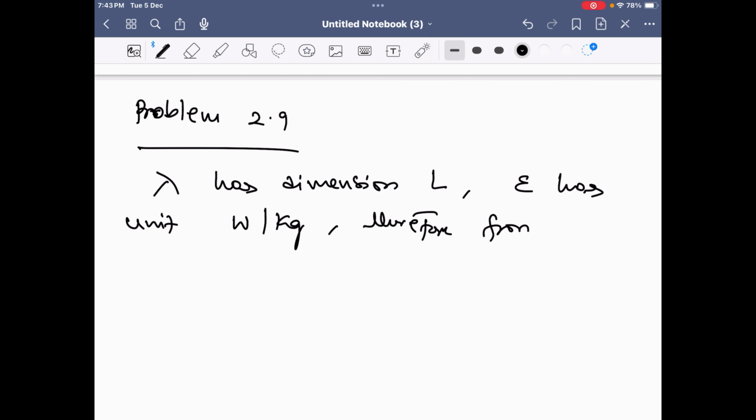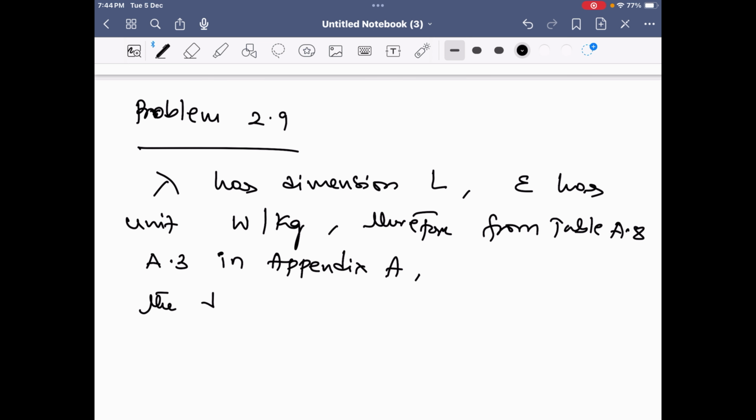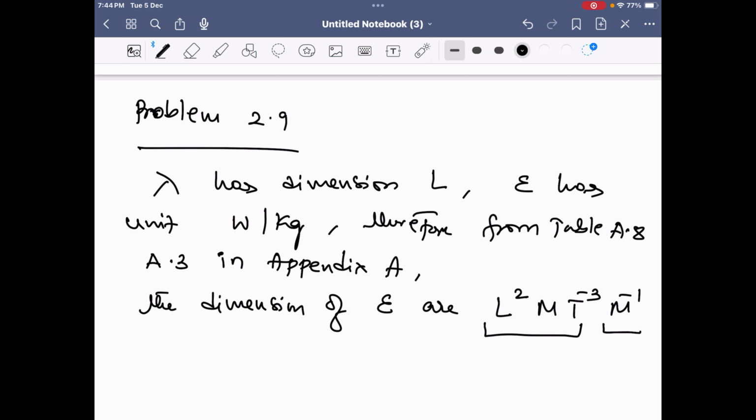Therefore from table A3 and A8 in appendix A, the dimension of watt is L square m t power minus 3, and m inverse is for kg.